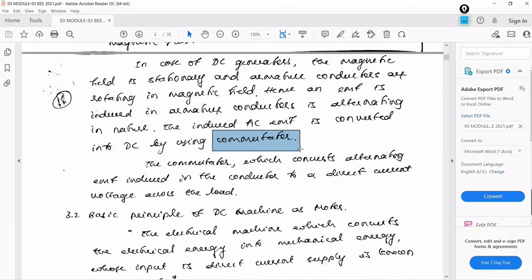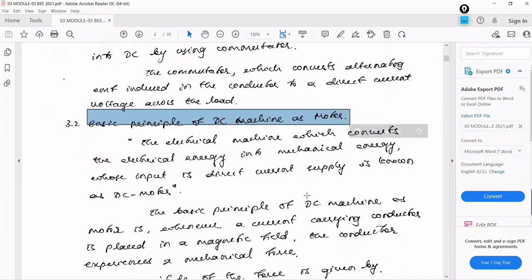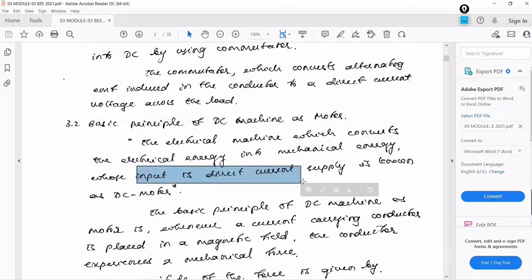Then the second topic is the principle of the DC machine acting as a motor. As I told, a motor converts electrical energy into mechanical energy. But it is a DC motor, so the electrical energy input should be direct current supply.